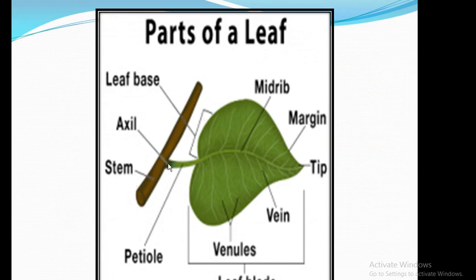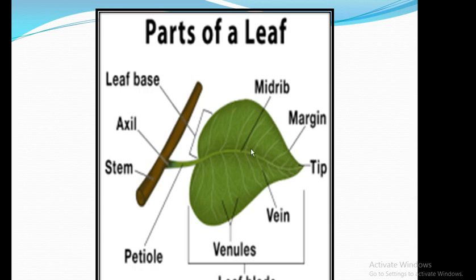Where is my cursor? This is the petiole, and from here this is the midrib, and these are the veins. Except for the venules, petiole and midrib regions, the vascular bundles are absent in the lamina. So if we want to analyze vascular bundles, we need to cut this venule portion for preparation of the slides.